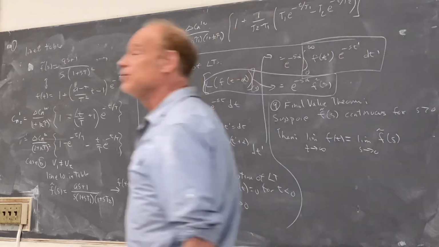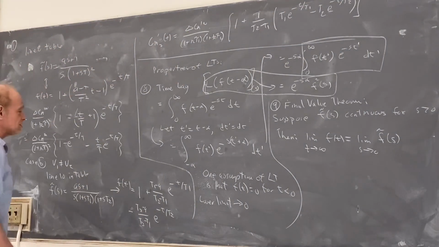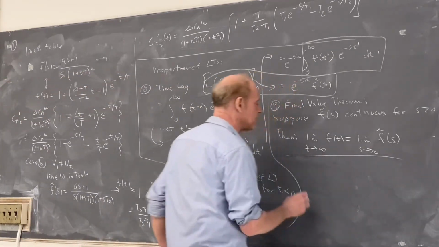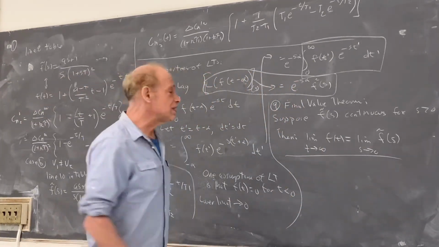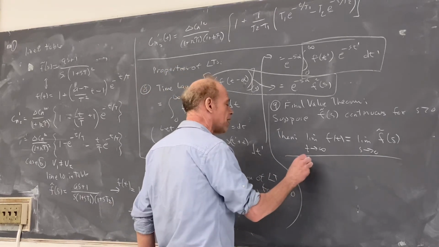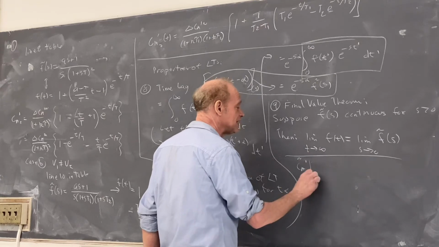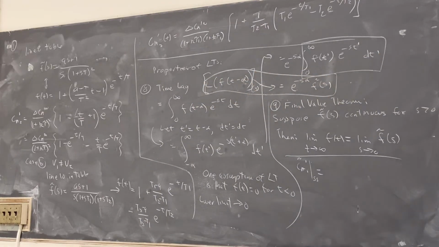But what I can do is just look at the solution here and apply this. So let's note that CA1 prime tilde as t goes to infinity, steady state. I just set s equal to 0 here. I'm sorry, it's not f of s, it's s f of s.